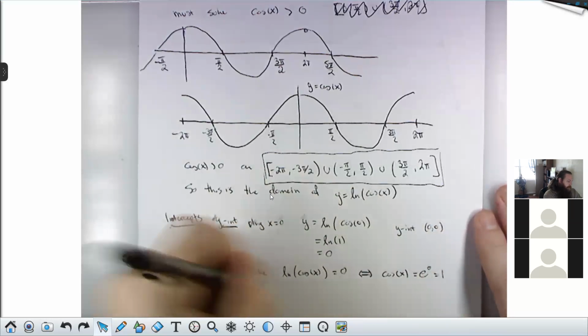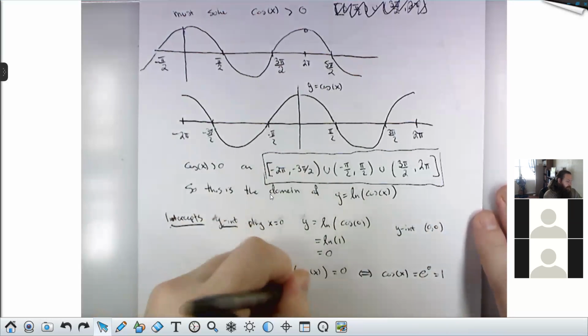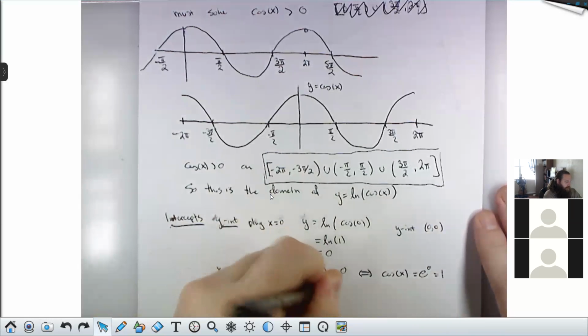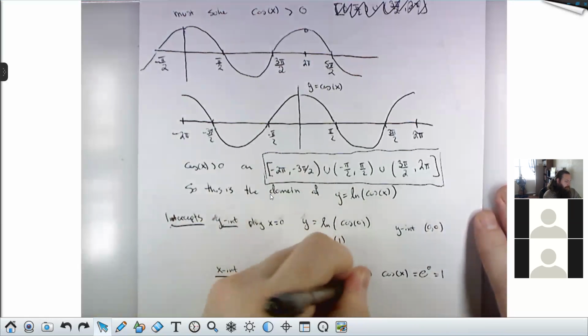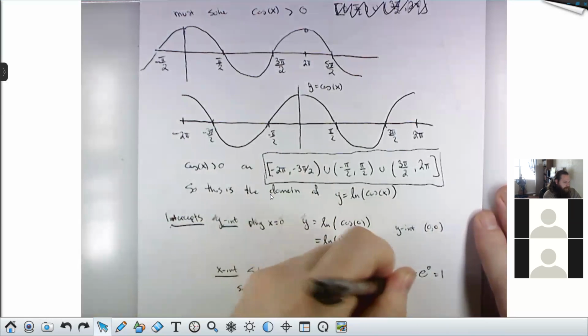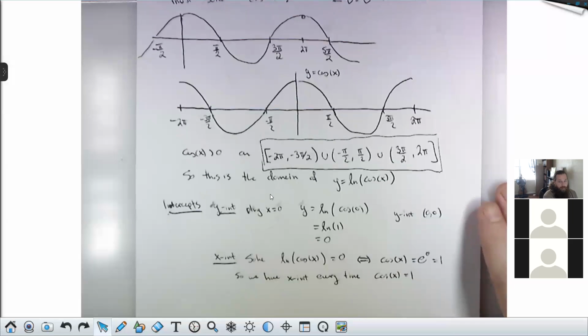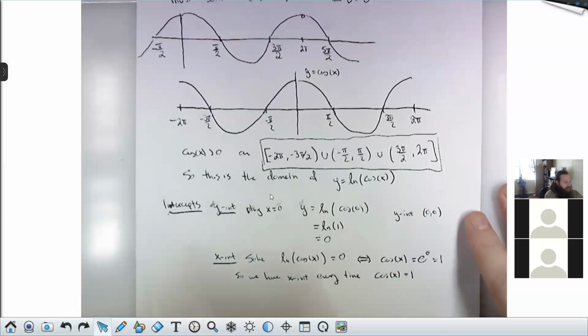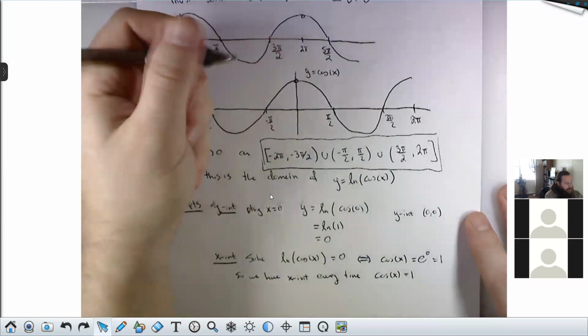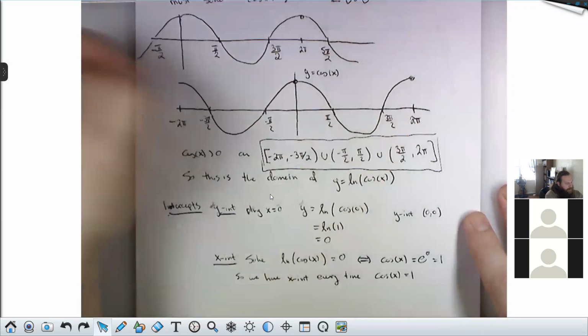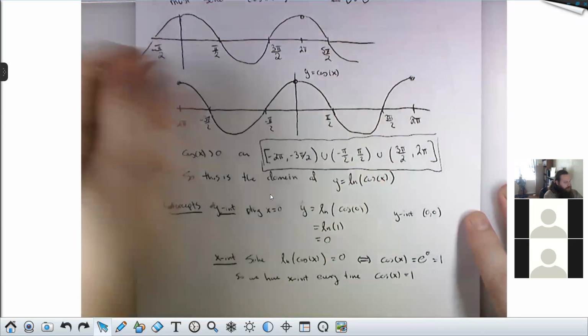So we have an x-intercept every time cos x is equal to 1. And there's infinitely many solutions to that equation, but you can see some of them. One of them is right here at 0. Another one is up here at 2 pi. Another one is back here at negative 2 pi.